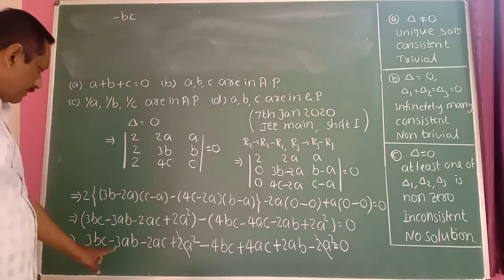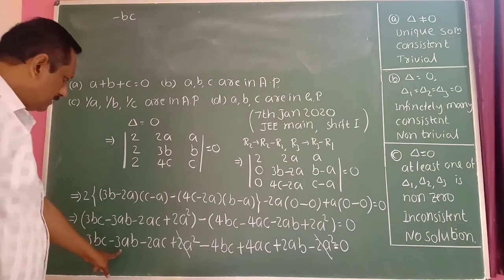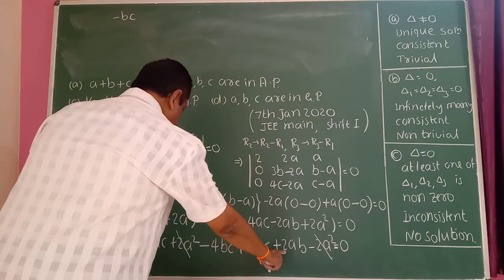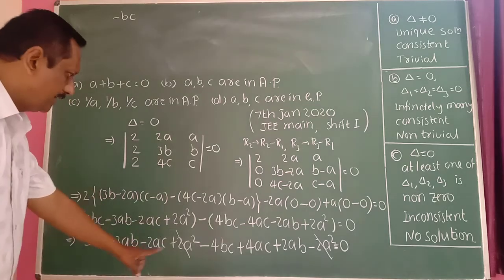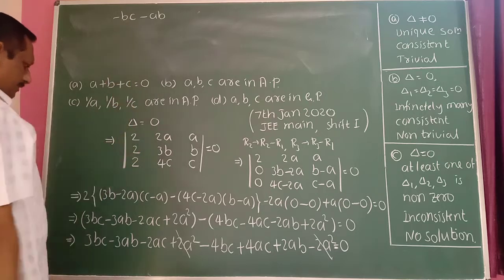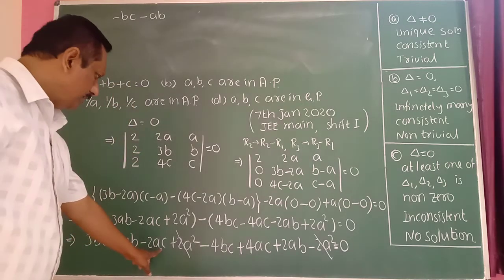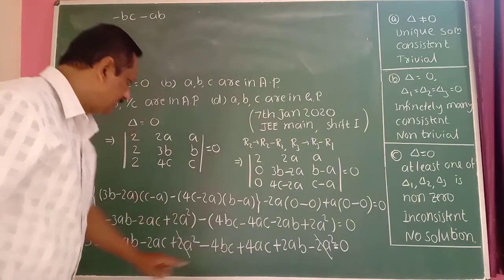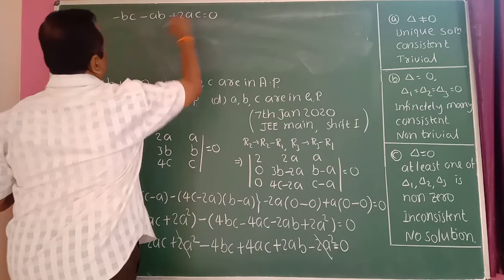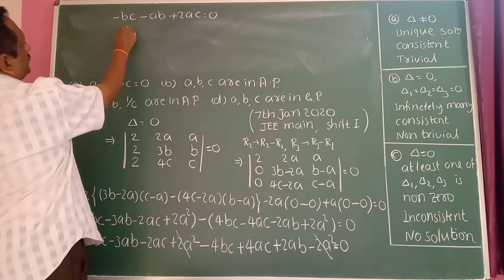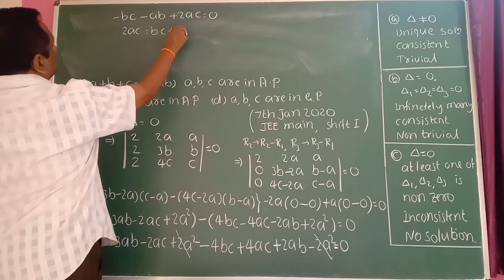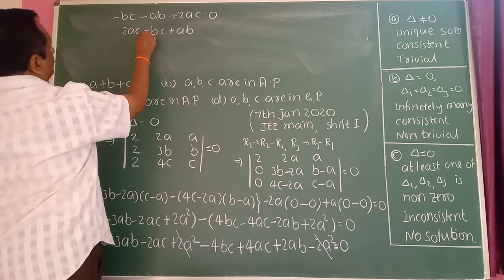Minus 3ab, then plus 2ab is there, minus of ab: 3ab minus 3ab plus 2ab becomes minus of ab. Then minus 2ac plus 4ac gives 2ac, plus 2ac is equal to 0. Take these two terms to the right-hand side here: 2ac is equal to bc plus ab, minus becomes a plus here.